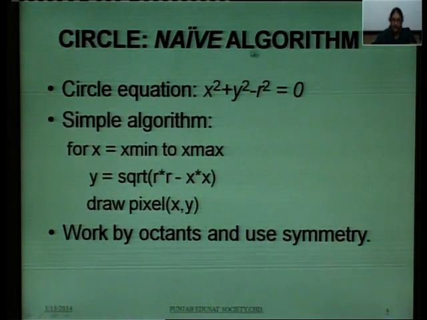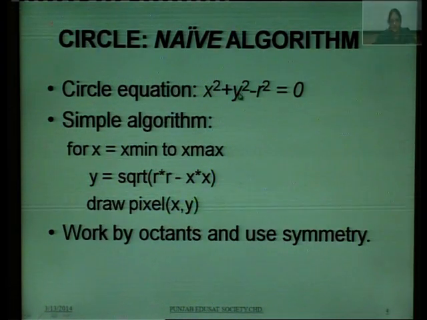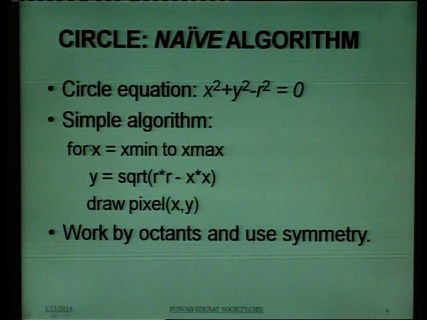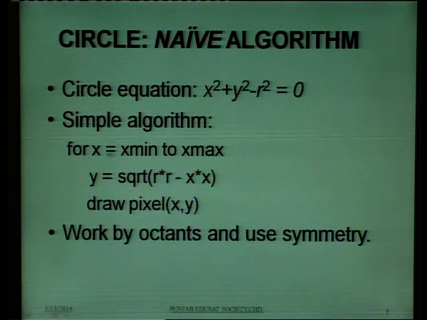There is the naive algorithm for the circle, which says x square plus y square is equal to r square, where r is the radius and x and y are the coordinates of the circle. The simple algorithm will be to find x, which starts from x minimum and goes to x maximum, and then y will be the square root of r square minus x square.